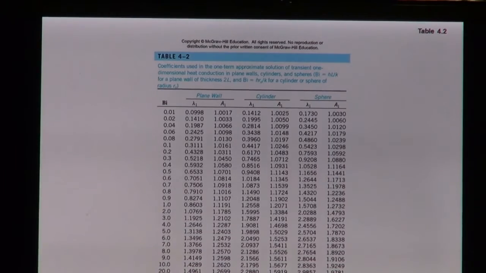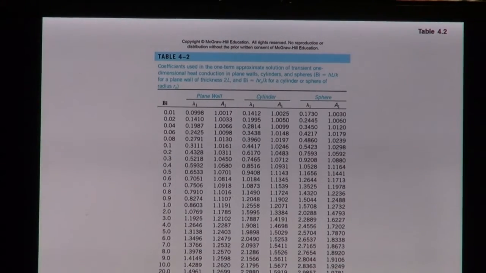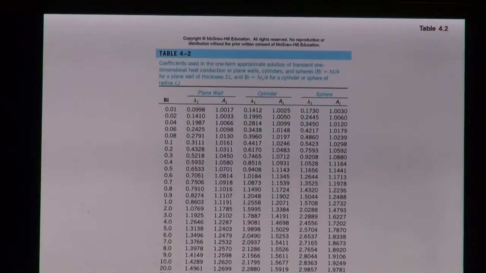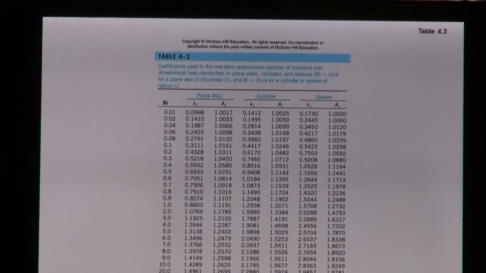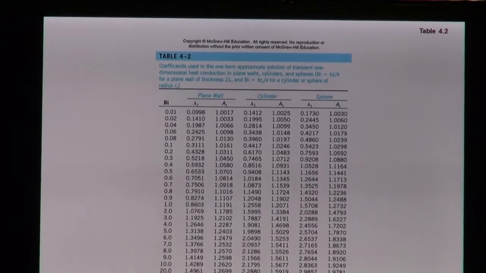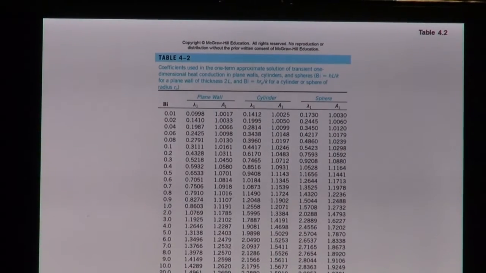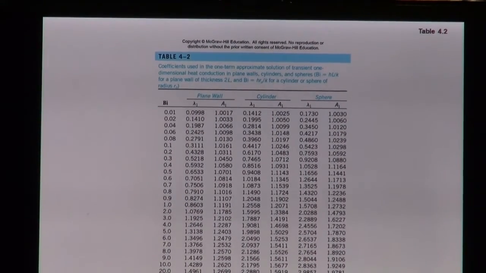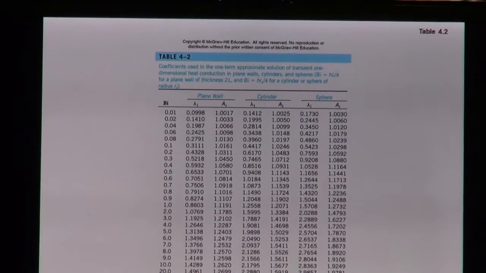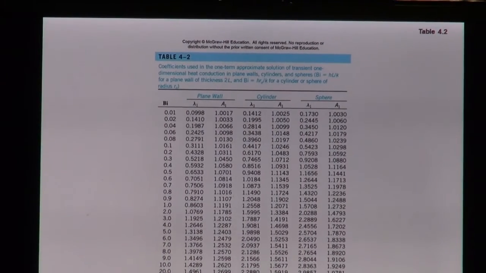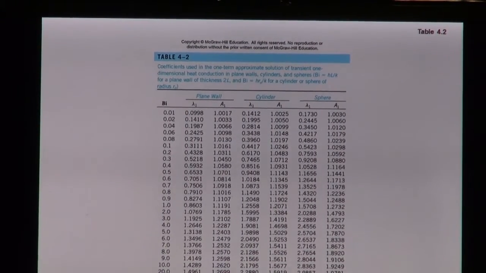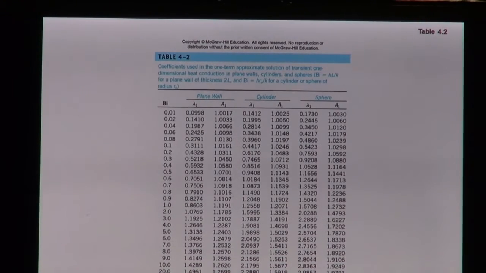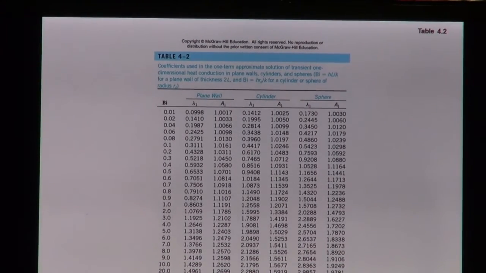So in this case, let's suppose the Biot number is equal to 5. Then we can see lambda 1 is equal to 1.3138 for a plane wall. You see that? And next to it is the A1 value. However, just take note that these are just the first values, that is for n equal 1. Because there's an infinite series, because tan is repeating every pi.